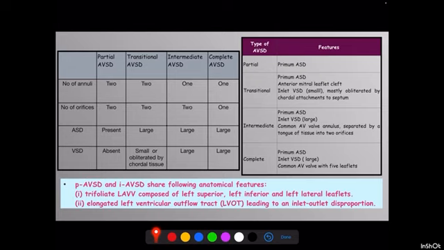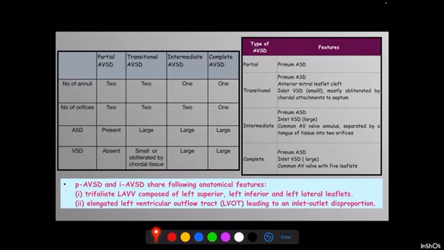Now, in partial AVSD, you have ASD and VSD is generally absent. In transitional AVSD, there is large ASD, but VSD is very small or it's sometimes obliterated by the caudal tissue. Whereas in the case of intermediate AVSD, both ASD and VSD are large.